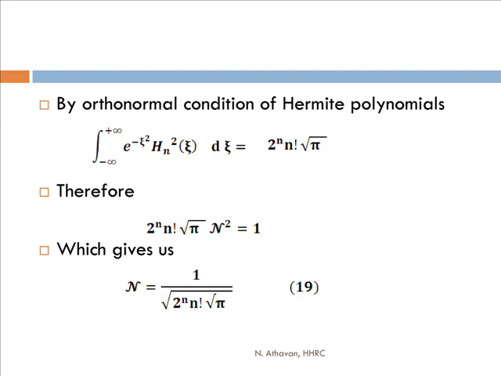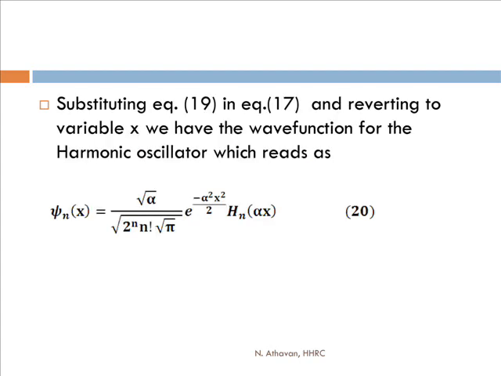Substituting this in the definition of psi_n and reverting to the original variable x, we have the wave function for the harmonic oscillator, which is psi_n of x is equal to root alpha divided by square root of 2 power n factorial square root of pi into e power minus alpha square x square by 2 H_n of alpha x.